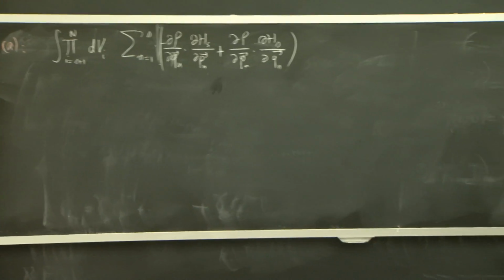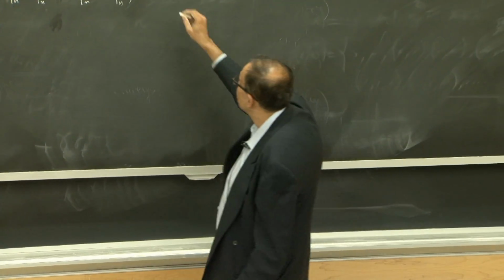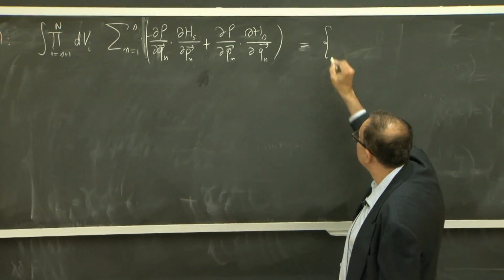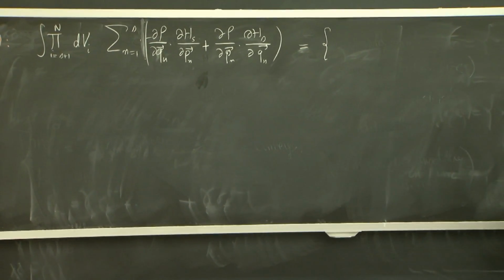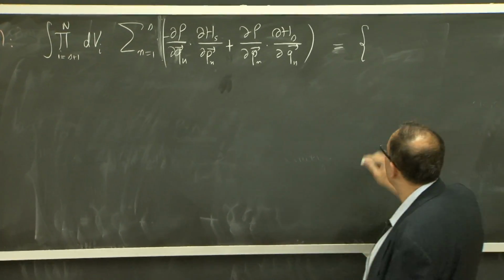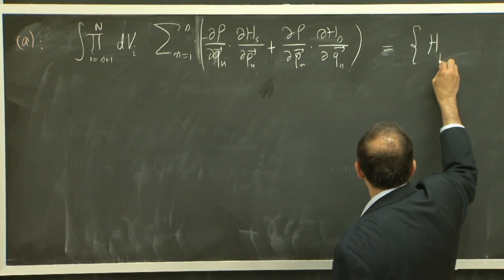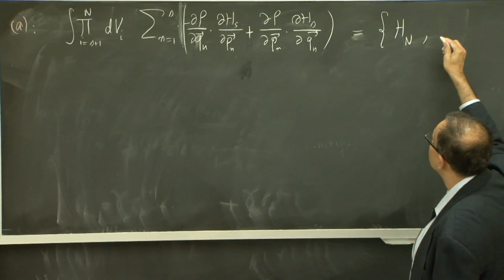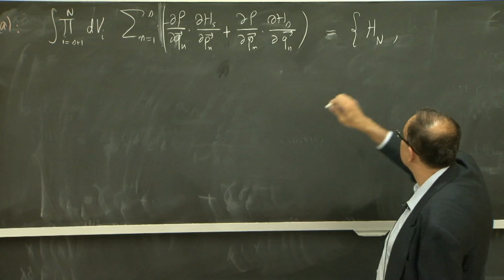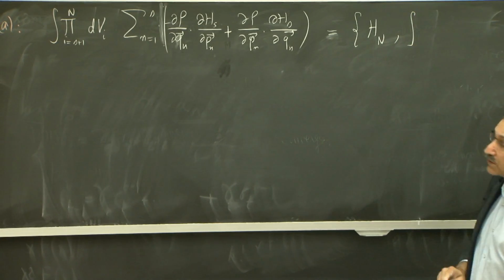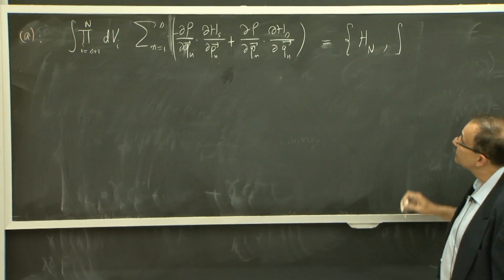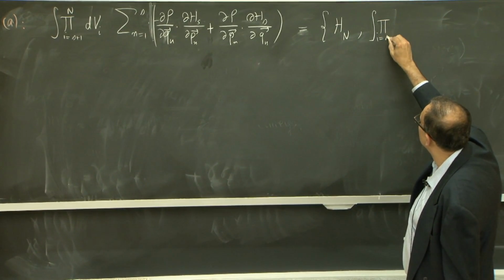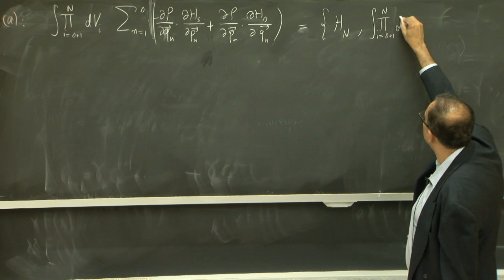Which means that I can then write the result as being an exchange of the order of the Poisson bracket and the integration. So I would essentially have the integration only appear here.